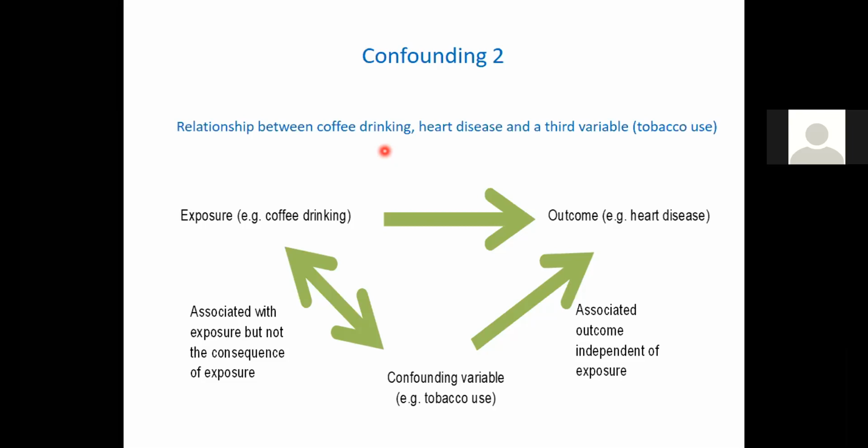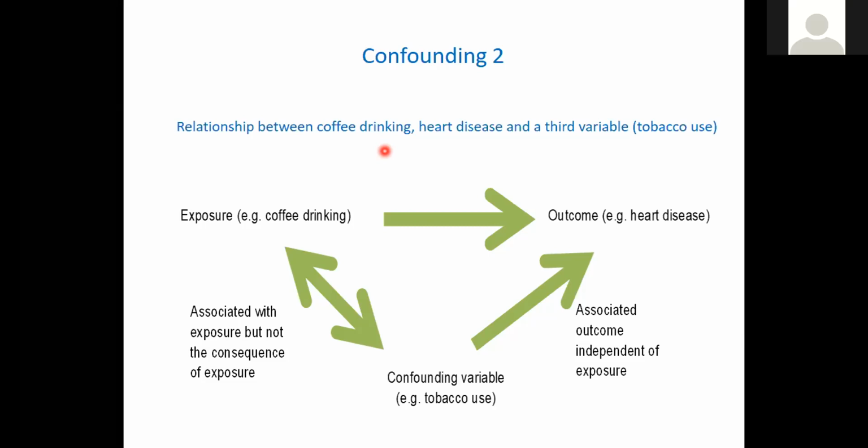So they are related. And it's not an intermediate, it's not as if when you take coffee you now use tobacco, which then leads to heart disease. Coffee on its own and tobacco on its own both lead to heart disease. And since you are interested in studying coffee, tobacco is a confounder. If you are trying to study the effect of tobacco on heart disease, then coffee will also be a confounder.